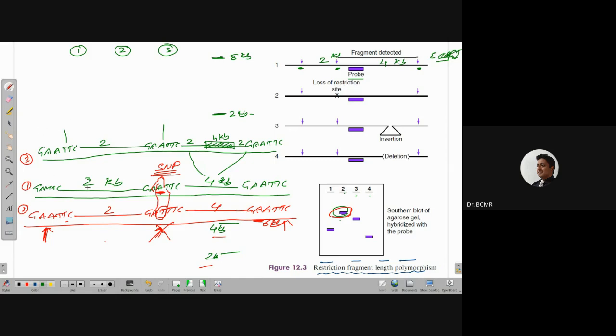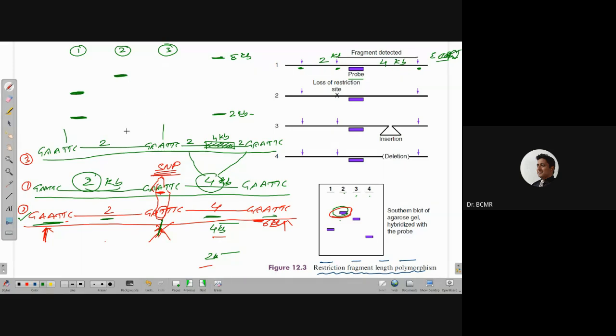Sample 1 will give this 2 kb fragment and this 4 kb fragment, just on electrophoresis. Don't talk about Southern blotting at this time. Let's take sample 2. There is a cut here and there is a cut here, but no cut in the middle. So we'll get 2 plus 4, a 6 kb fragment.